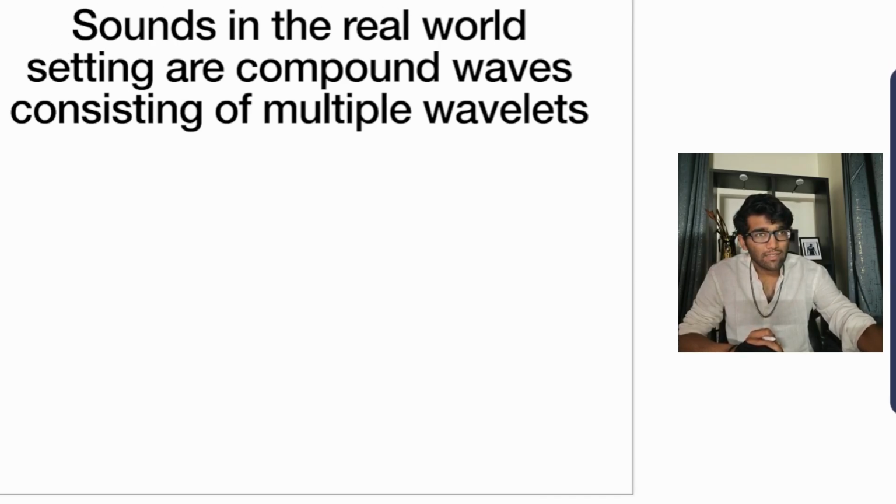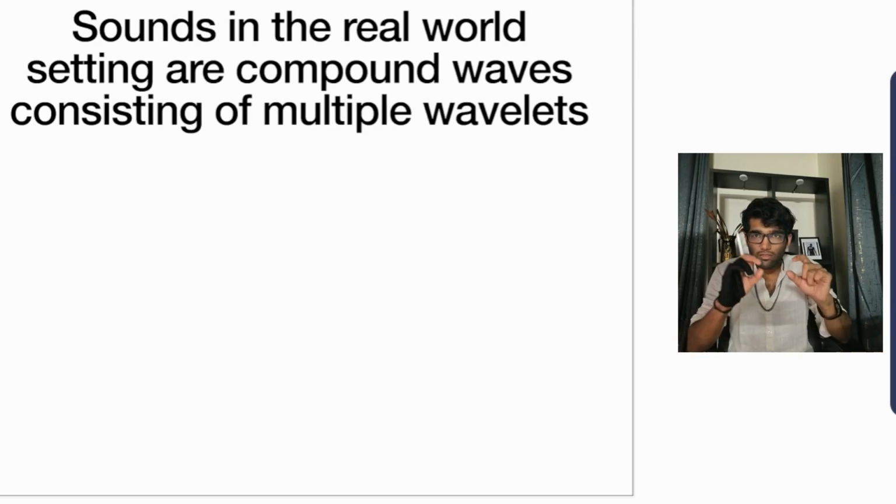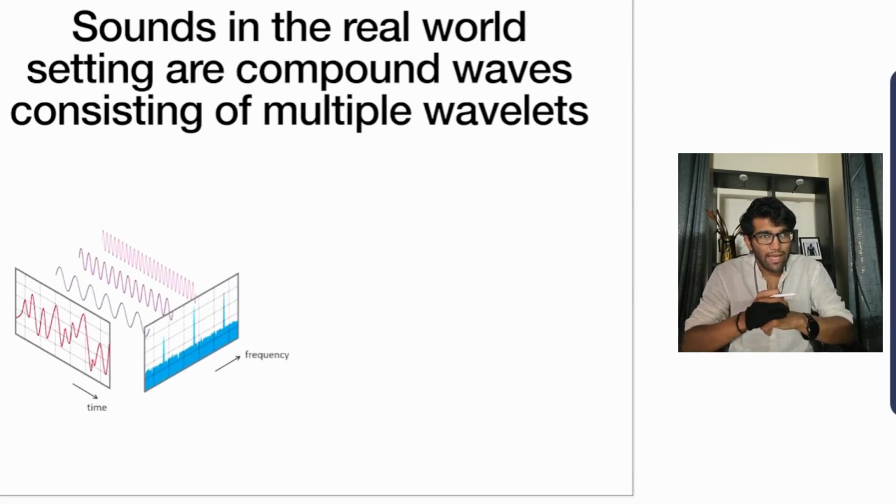That means that sounds consist of multiple small waves that have interfered with each other, either constructively or destructively, in order to produce a complex sound that is heard by your ears. This is a diagram I've taken from a discussion on Fourier analysis, which we'll come to when we discuss MRI physics later on in our journey together.